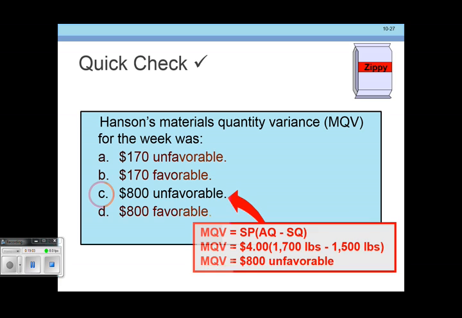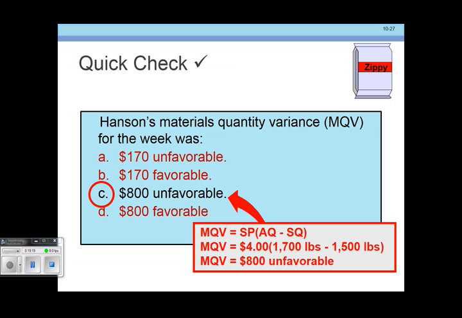So we're going to take the 200 pounds times $4, and it's $800 unfavorable. Once again, my preference is to use the left hand, right hand, center, but if you want to use the equation, you can.